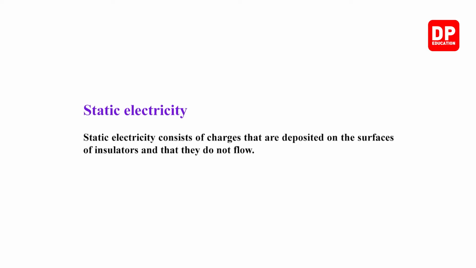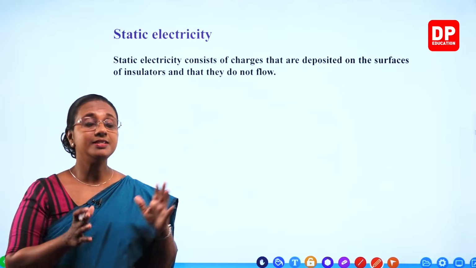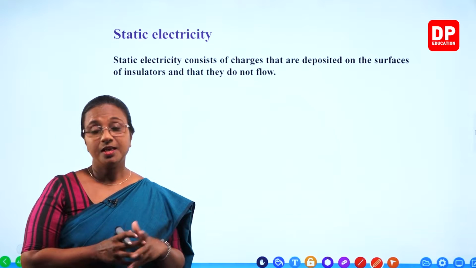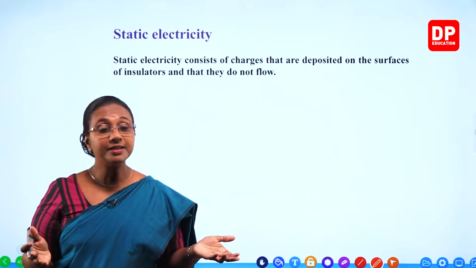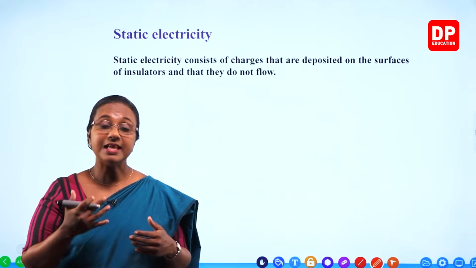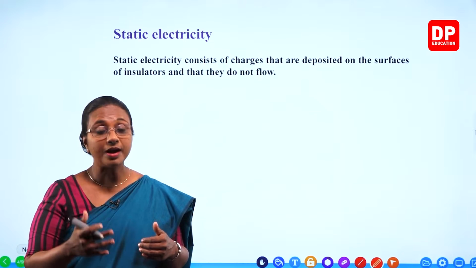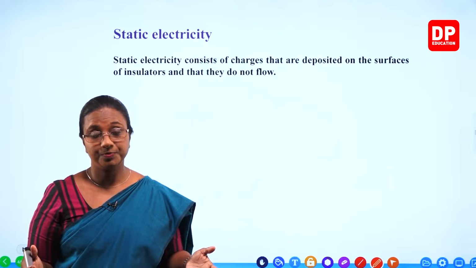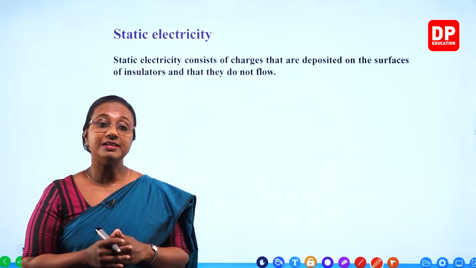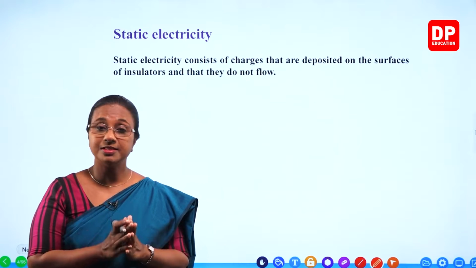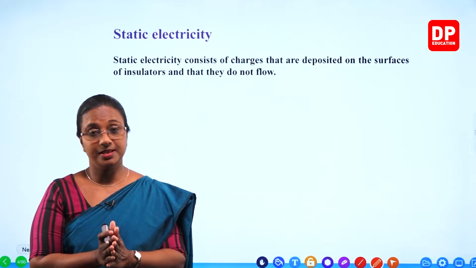So static electricity. Now you have learned this in your previous grades. There are insulators and conductors. What are conductors? Materials that allow electricity to pass through them easily. Whereas insulators are materials that do not allow electricity to pass through them easily.